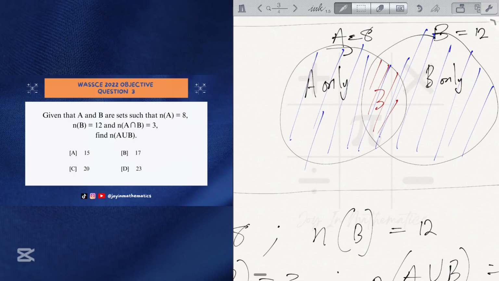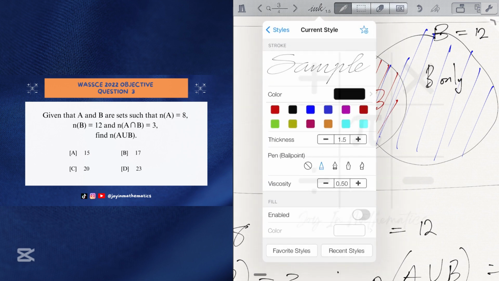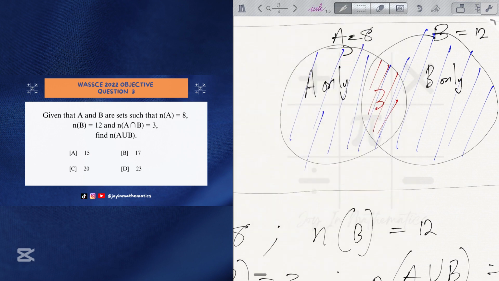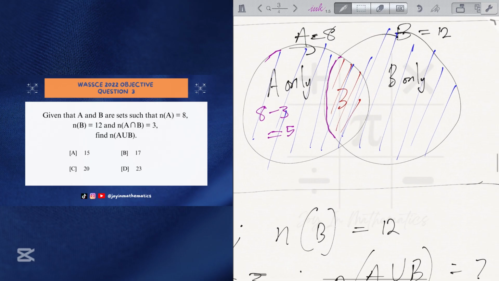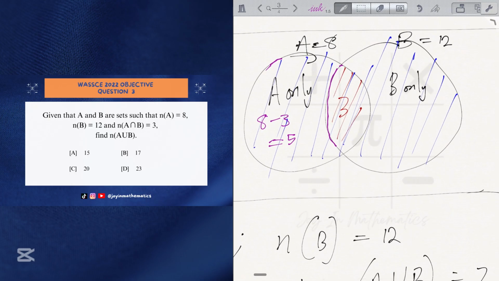Now, if everything in this circle is 8, definitely we have taken 3 out of it, so we'll be left with 8 minus 3, which is equal to 5. In the same vein, if everything in this circle B is equal to 12, and we have taken 3 out of it, we'll be left with 12 minus 3, which is equal to 9.